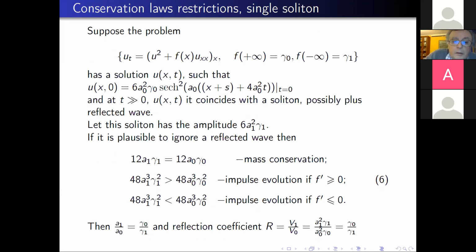Suppose that the transient that passed through the region is solely a sole soliton, one peak, and then since we have one real conservation law, conservation of mass is here, and what is given by this equality, and momentum or impulse evolution corresponds to the sign of the derivative of f.